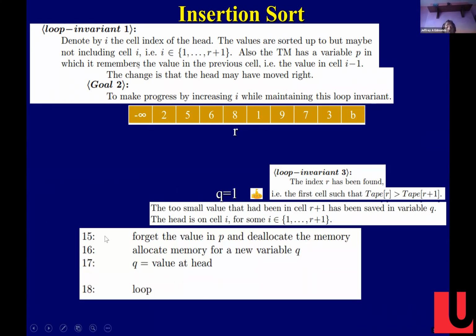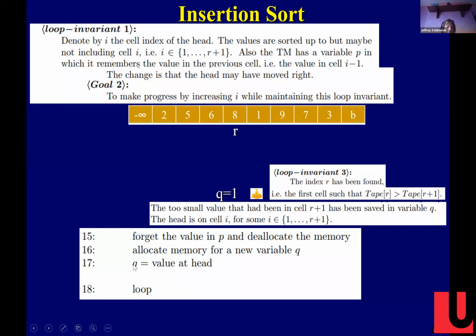When we got all over here, then our new code is going to do that. And what's our code going to do? This is the code between the two loops, right? We dropped out of that first loop that moved right, and now we're in a second loop that's going to be moving left. So here's the second loop. And what's the code between the loops? Well, it forgot the P. Remember, we saw the P disappeared, and it allocated new memory for Q. So Q came in.